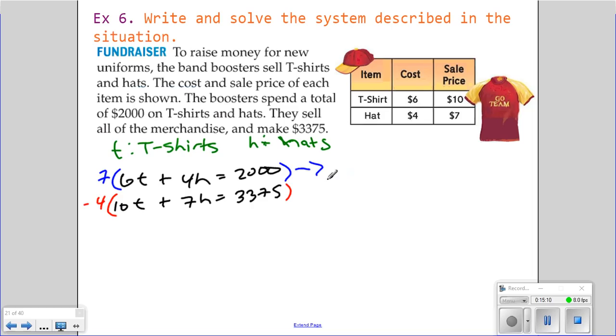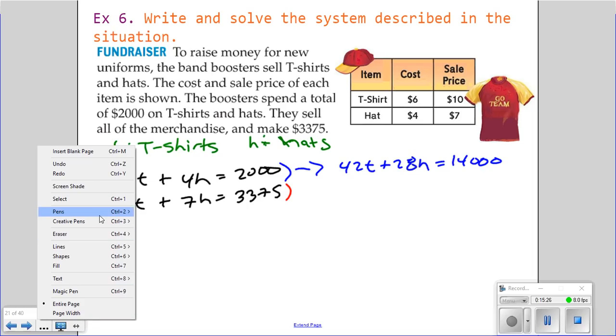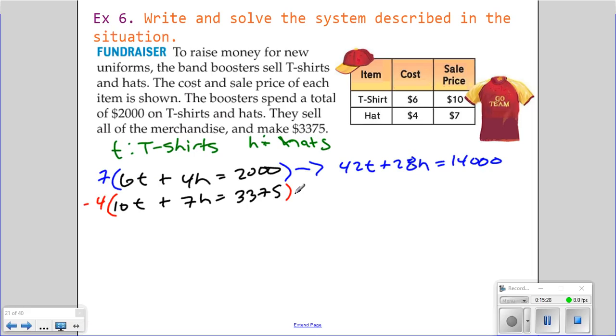So the new equations would be 42t plus 28h is equal to 14,000. The new second equation would be negative 40t minus 28h is equal to, and I need to grab my handy dandy calculator for that one.